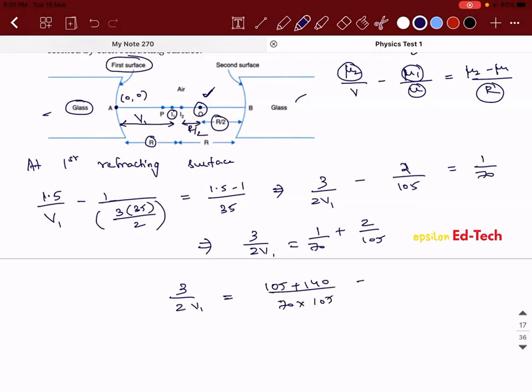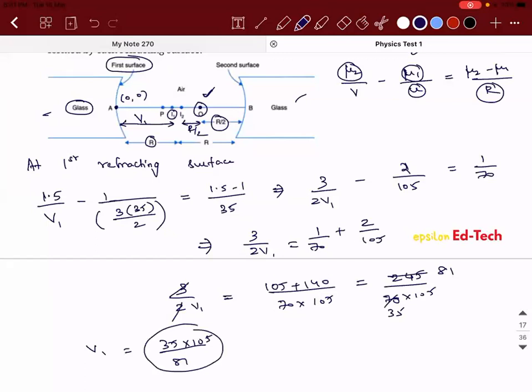So 245 divided by 70 into 105, correct? So 2 will cancel 35 times, 3 will cancel 81 times. So V1 will be equal to 35 into 105 divided by 81.